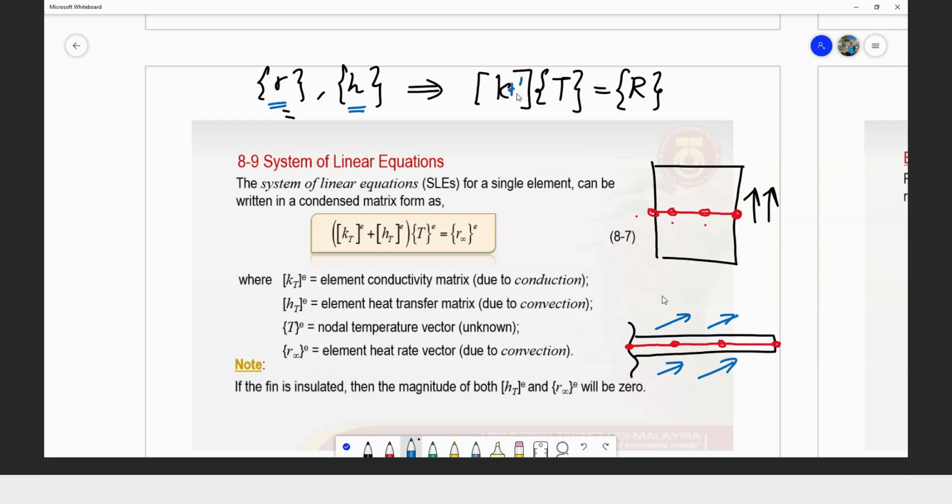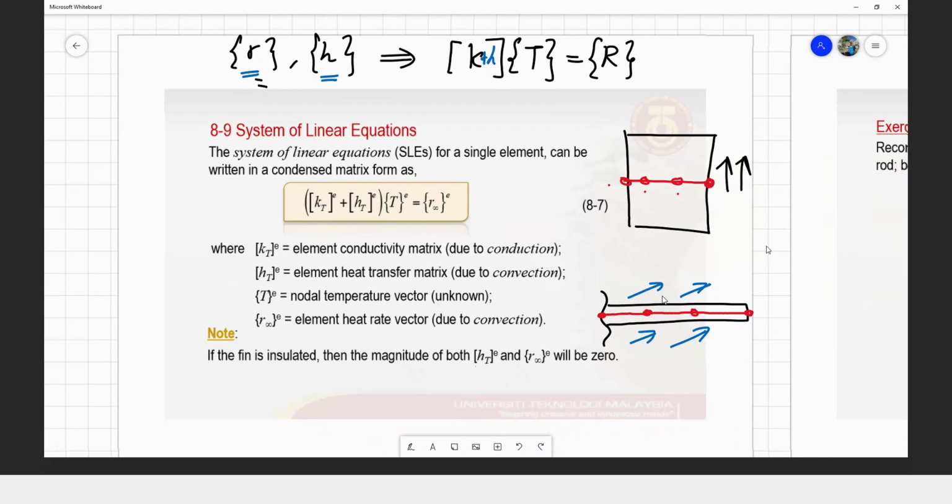So everything has to be added with H. That's why we have our matrix here. For all elements, we have to add K by H. And then we have the unknown T, and we have R as well, which is the element heat transfer matrix, yes.